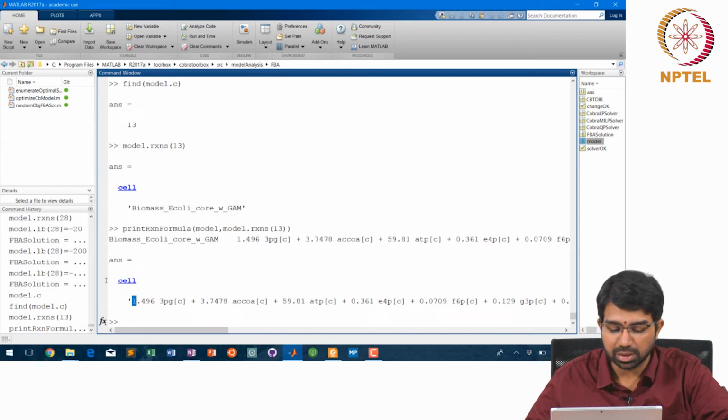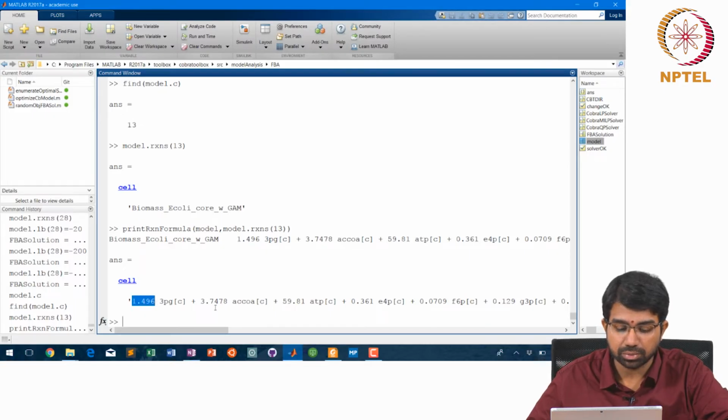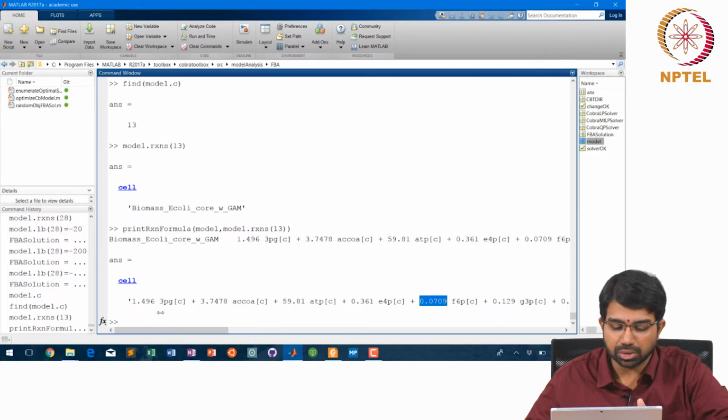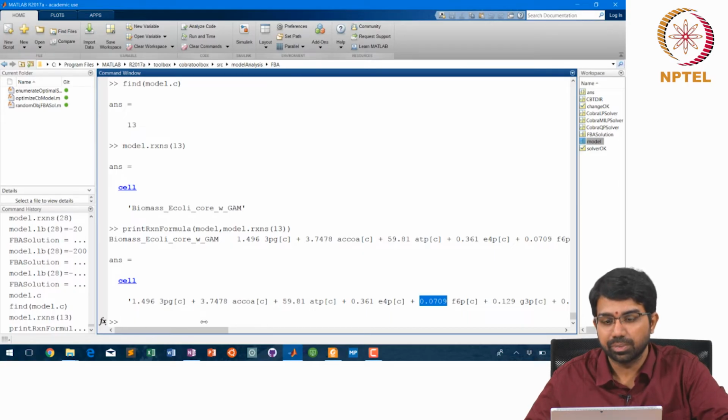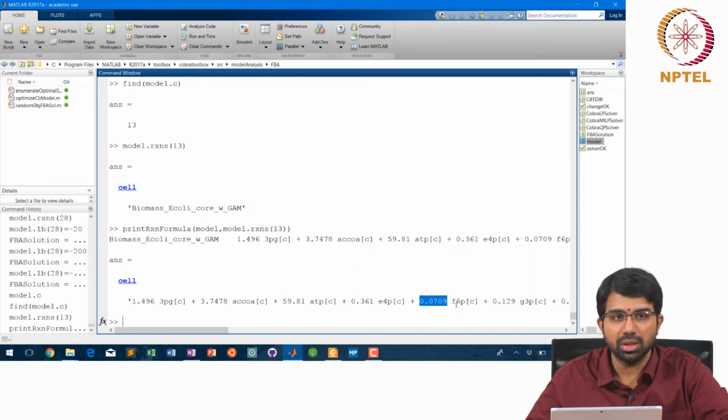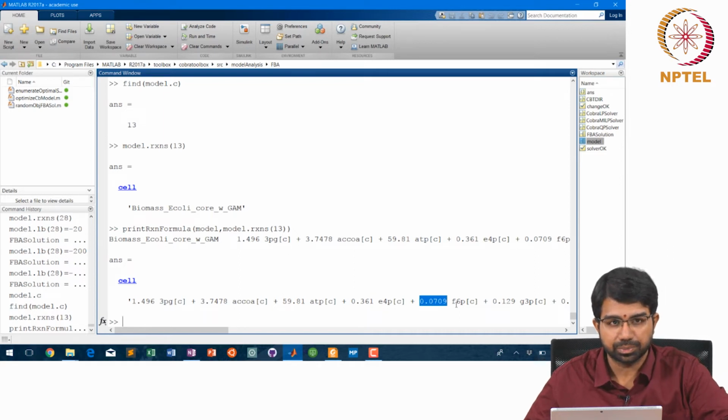What this means is you need 3PG, acetyl CoA, ATP, erythrose 4-phosphate, fructose 6-phosphate, G3P and so on in this ratio for the cell to grow. If this is not available, that is how the model limits the growth of the cell. If you suddenly have very low F6P, it is going to substantially lower the growth rate.